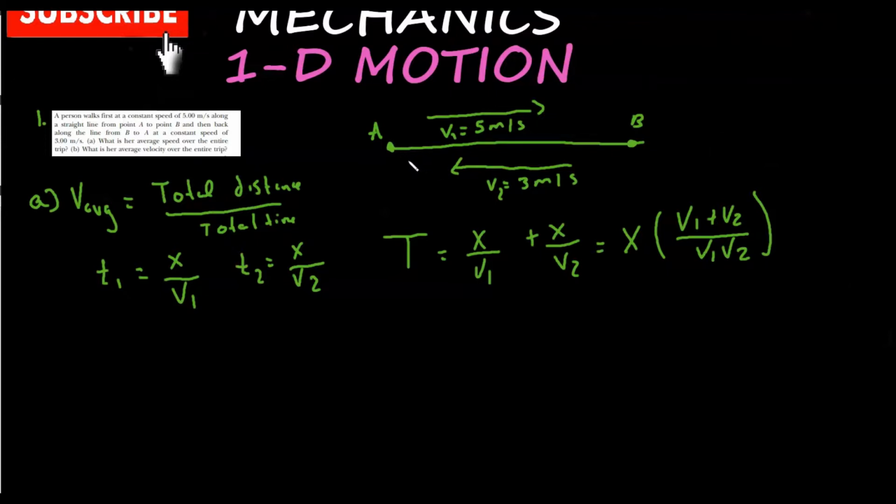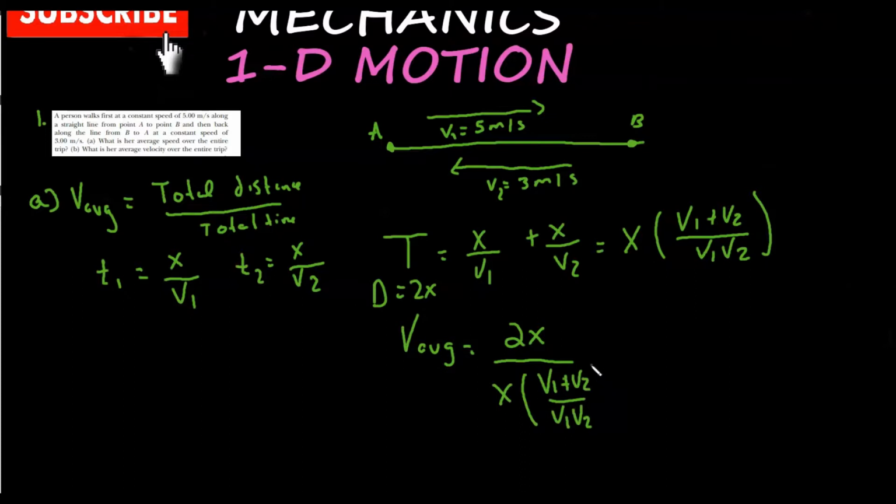So we'll call the distance x, so the total distance one way was x, total distance back was x, so 2x would be the distance, right? So the average speed, and we'll call d equals 2x, is the total distance 2x over x times (v1 plus v2) over v1 v2. Great.